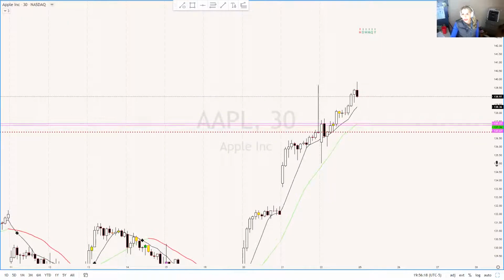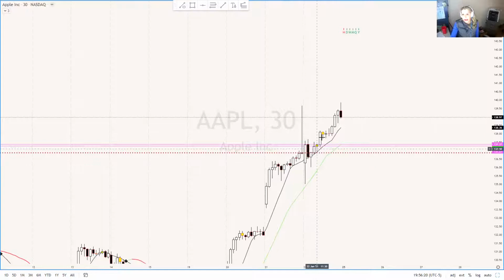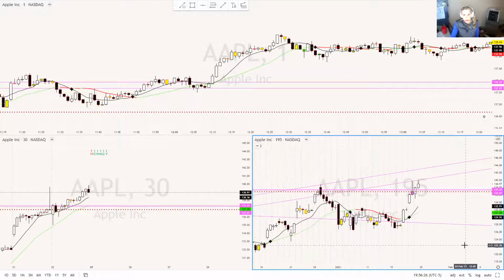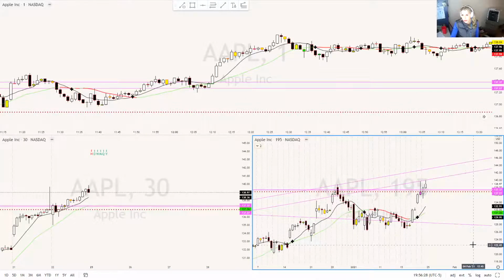So on something like this, then, let's say I had taken that off the inside candle, where am I going to get my magnitude? Well, I am going to look at a 195-minute chart.